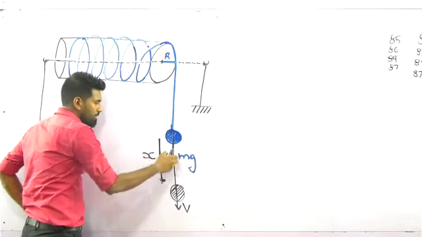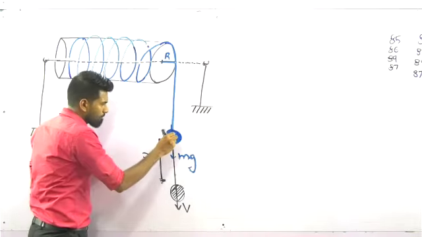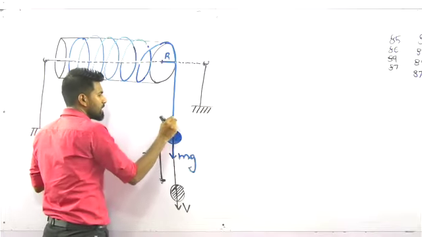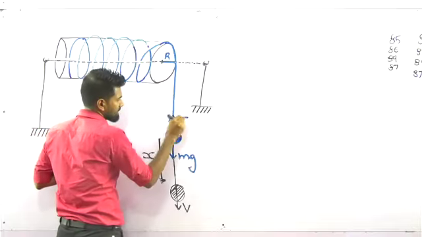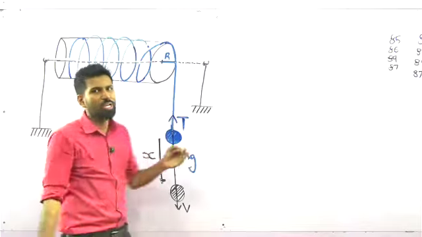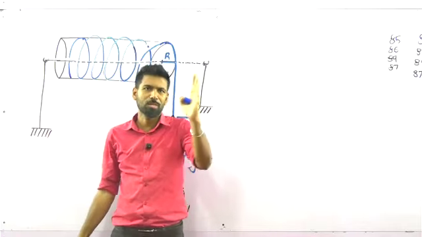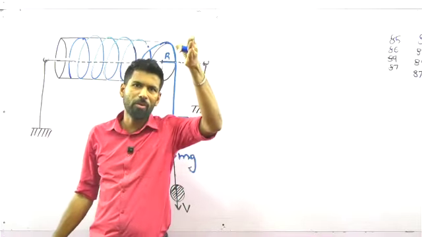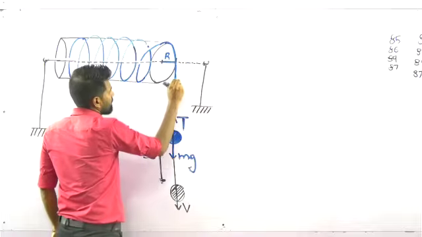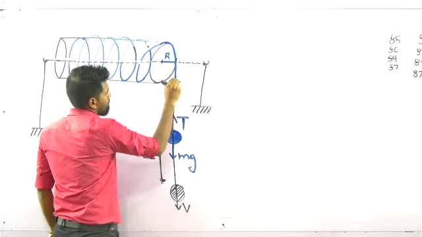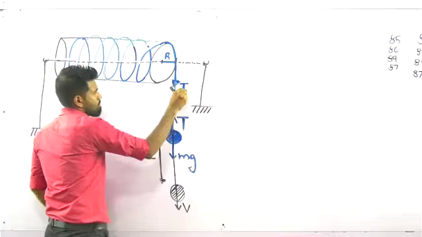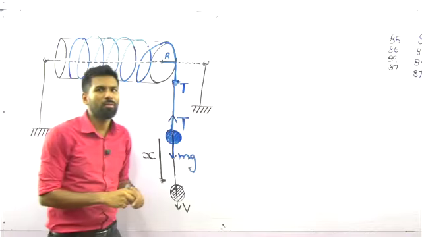Here the weight is mg, and the tension here, let's say T. When a string touches the pulley, it attracts the connected point of the pulley towards the string itself, giving a tension T here. Due to this tension, what will happen?